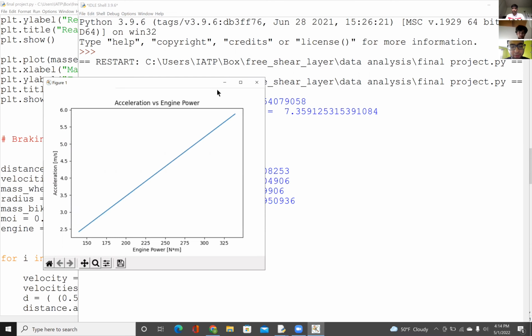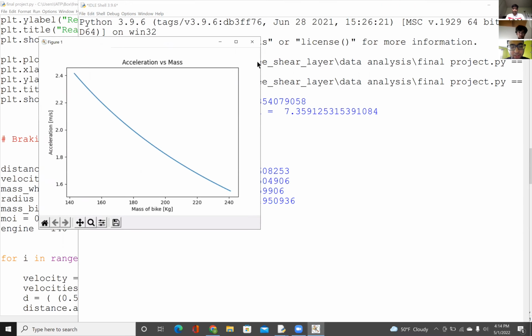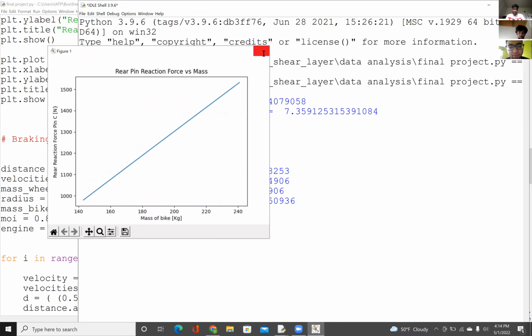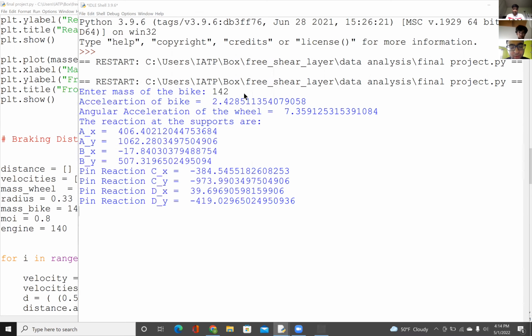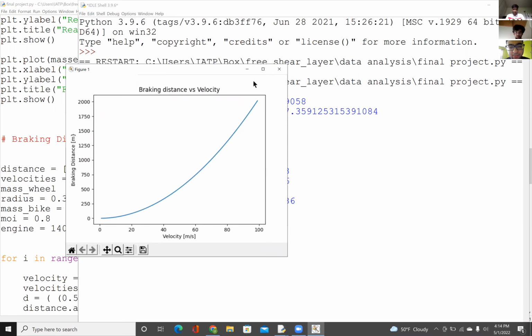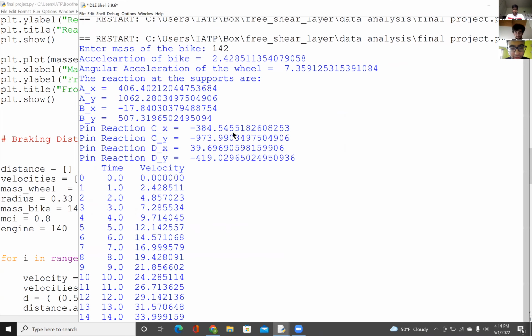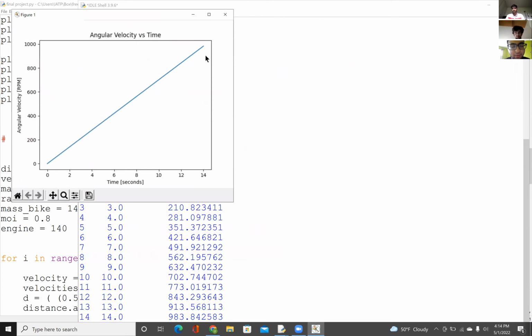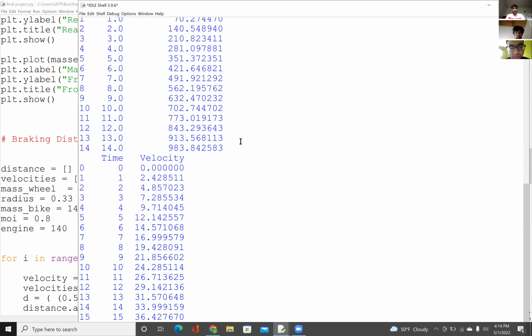And here's a graph of the accelerations, another graph of the acceleration versus mass, of the rear pin, front pin, and then the braking distance, and velocity versus time. And lastly, the angular velocity versus time. And that's it.